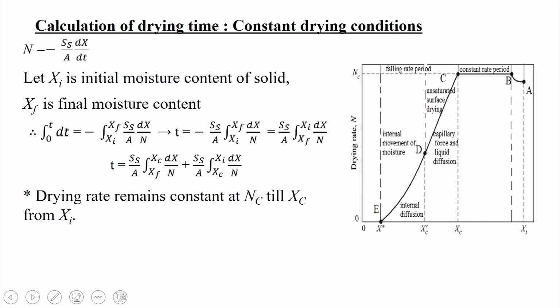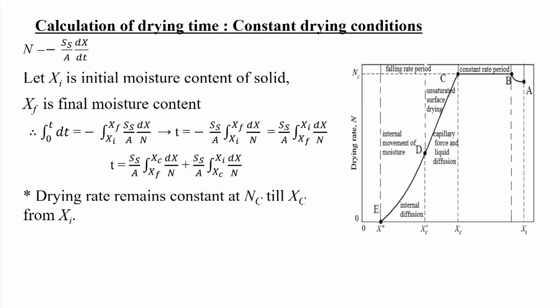Now the calculation of drying time under constant drying conditions. We have already discussed this, but we are recapitulating. The flux N is equal to minus Ss by A into dX by dt, where Xi is the initial moisture content and Xf is the final moisture content.